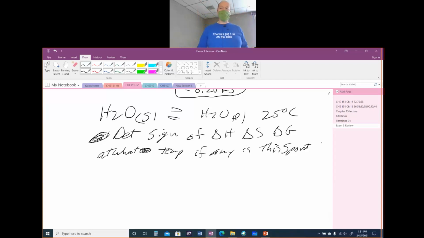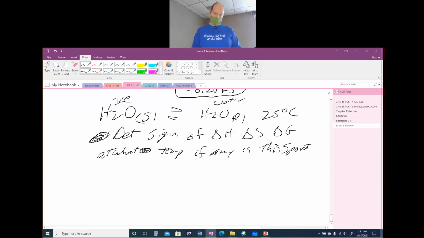All right, so this is one that you know. This is H2O solid. We call it ice. And it is, of course, changing to H2O liquid, which we call water. And we are at 25 degrees Celsius. All right, and so the sign of delta H. So, of course, you stick an ice cube in your hand and it's going to melt and your hand gets cold.